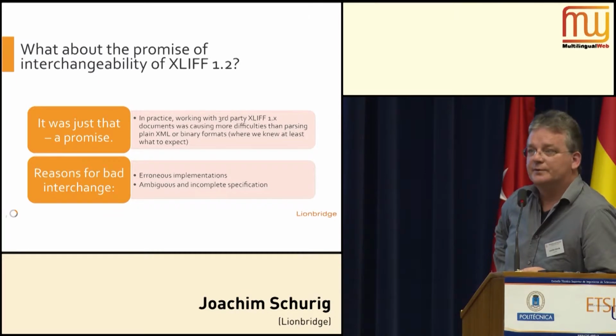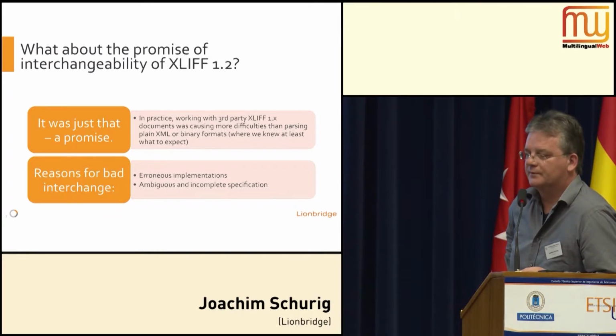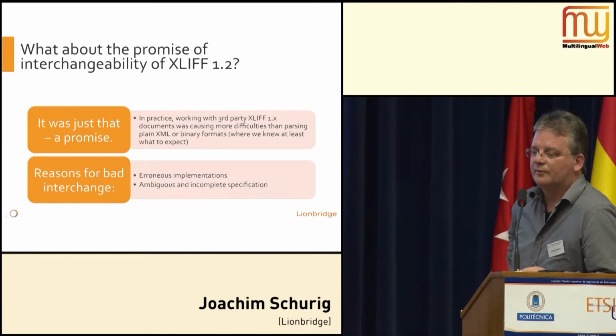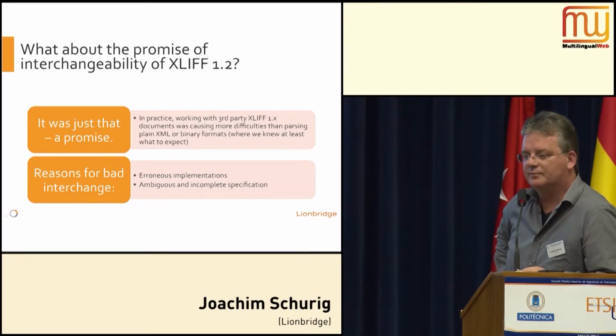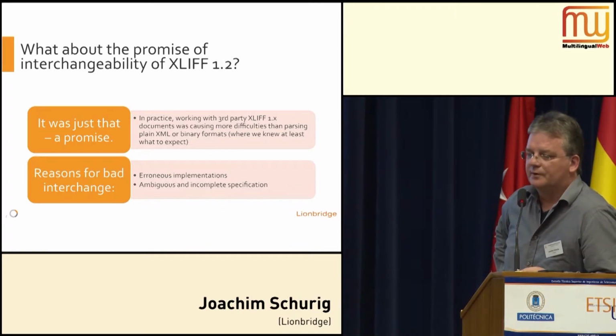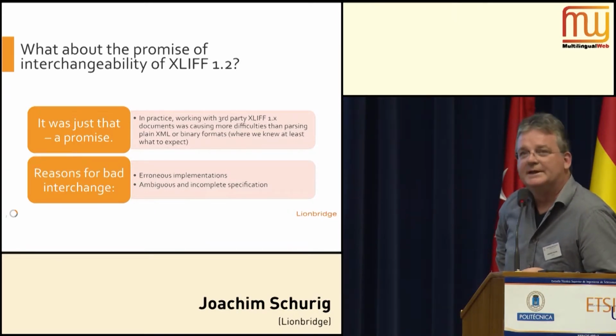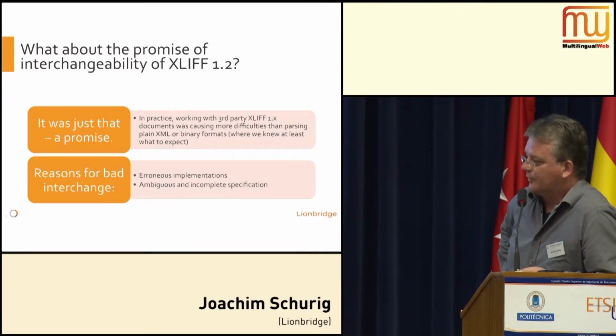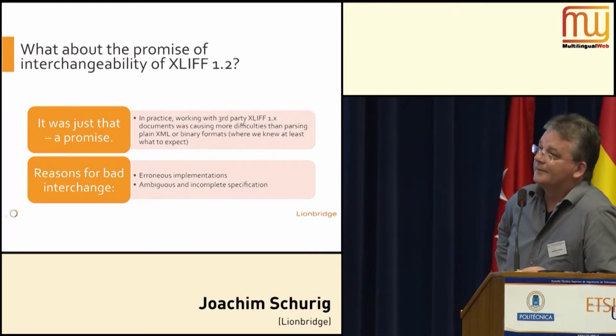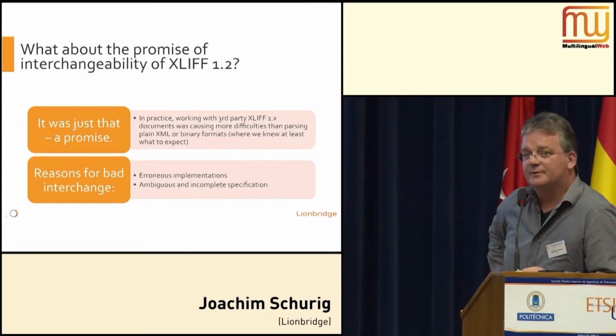XLIFF 1.2, for those who don't know it intimately, brought the promise of interoperability into the translation industry. Coming under the sails of XML, which is meant to solve all problems for humanity, depending on who's talking about it, XLIFF had the same promise. We had to find out over the years that XLIFF 1.2 is a fairly good standard.